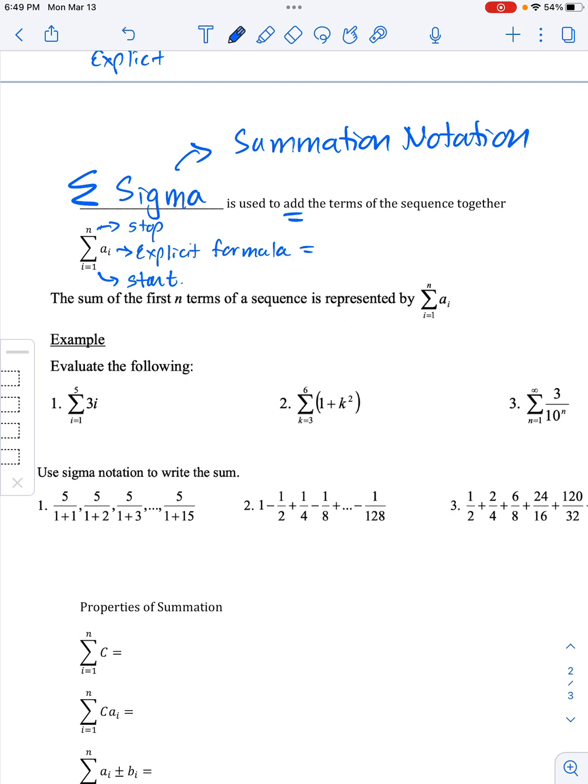And when you do that, you'll generate an a sub 1 plus an a sub 2 second term plus a third, all the way out until you get to whatever this is. So if that top number is a 5, you're going to be going until you plug in 5 and then stop. And so it turns into adding them all together, and you'll actually just get a number in the end then.